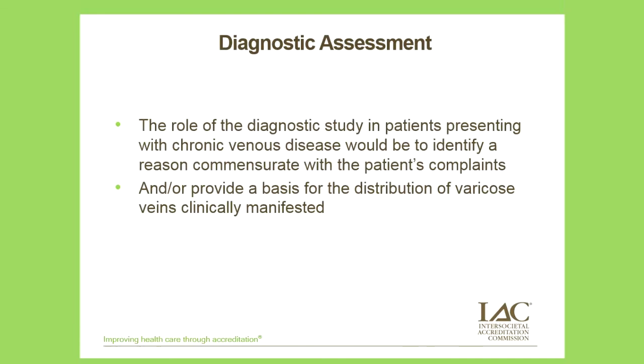So in our diagnostic assessment in summary, as I said, there's got to be a reason why you're seeing the patient, so you must identify and understand why they're there, and there should be an explanation of the distribution of varicose veins on the skin that should really correlate with the findings that you have with the ultrasound.